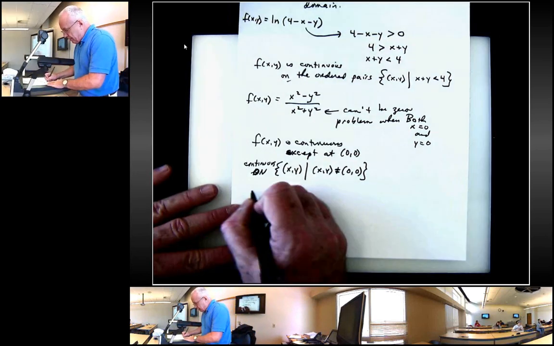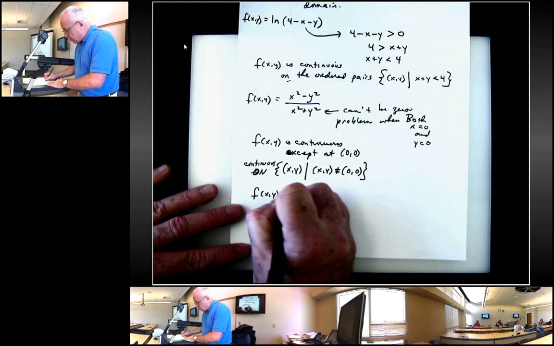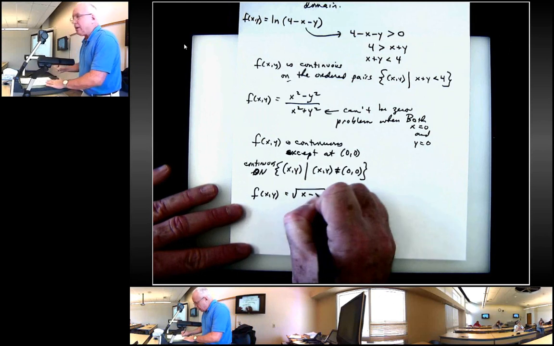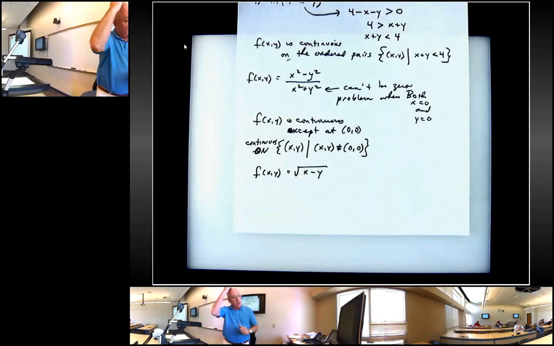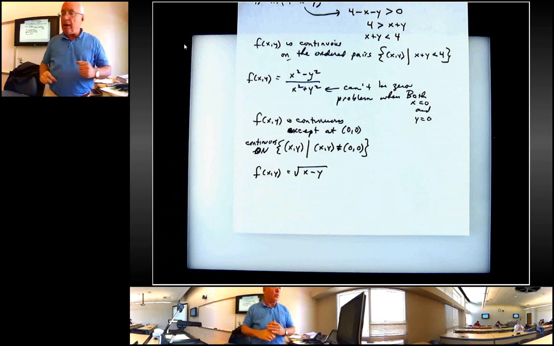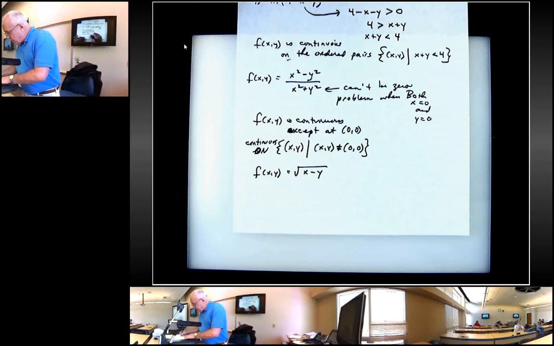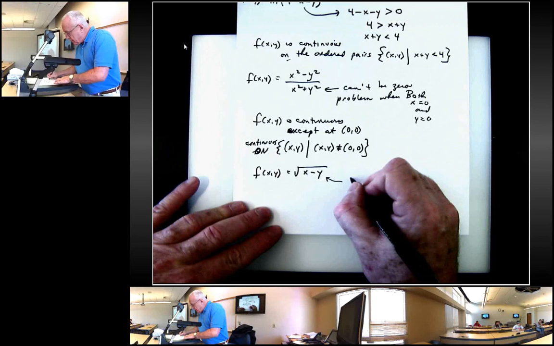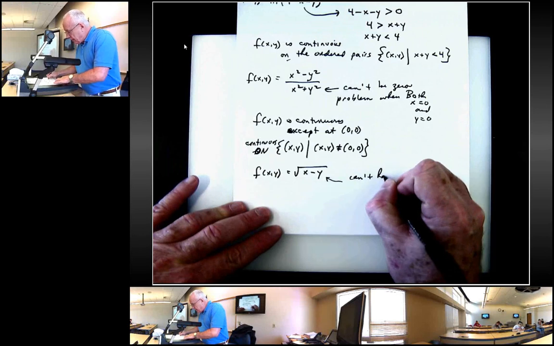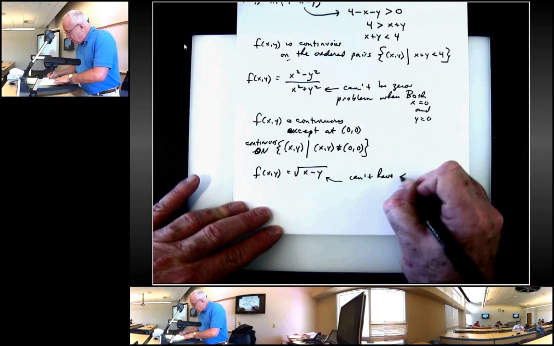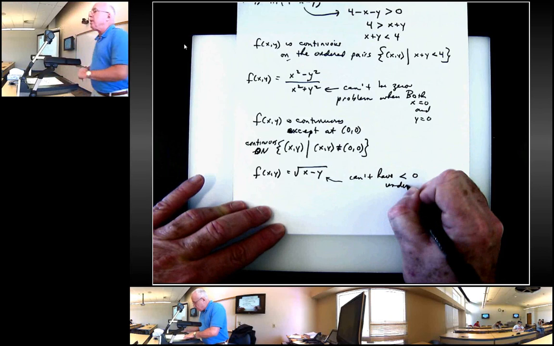Let's have f(x,y) equal the square root of x minus y. Okay, so we just want real values for our function, so therefore in this case we can't have less than 0 under that square root radical.